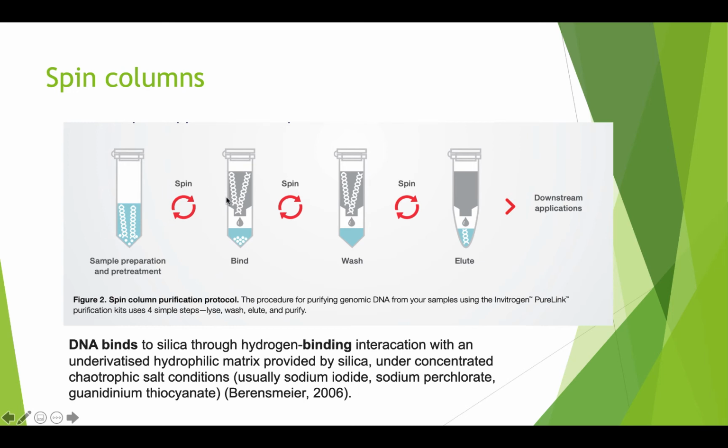You put it in this column, which looks like nitrocellulose, it's a mesh, but it's really made out of silica. There's a lot of silica in it, and you put your preparation, pre-treated and lysed, and wash it through.